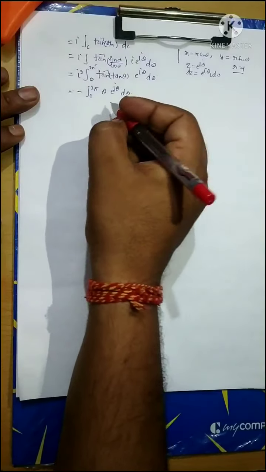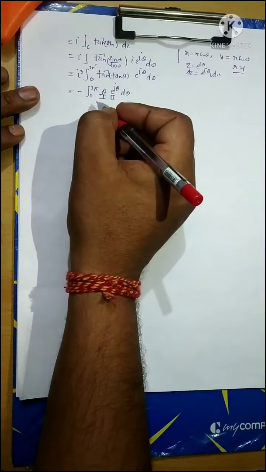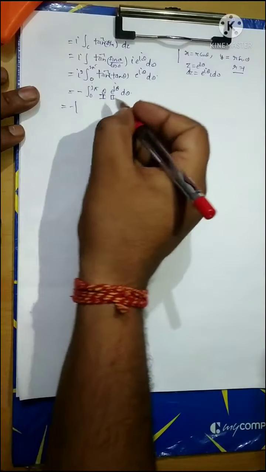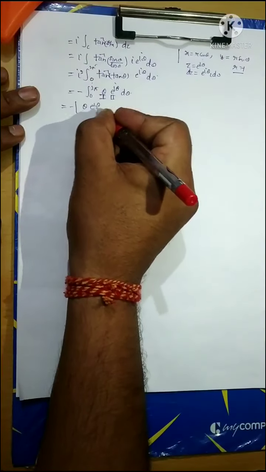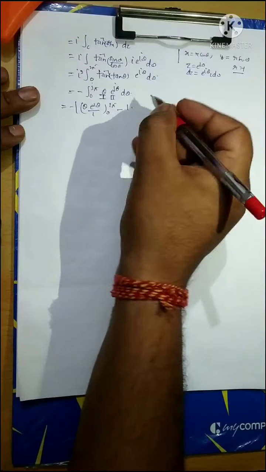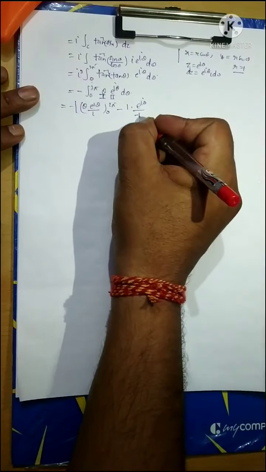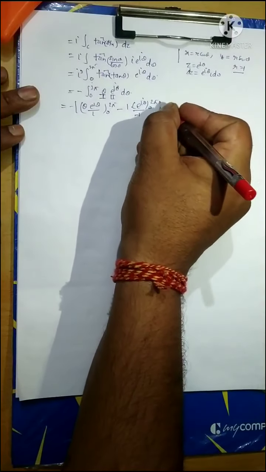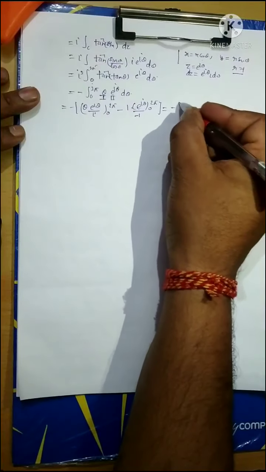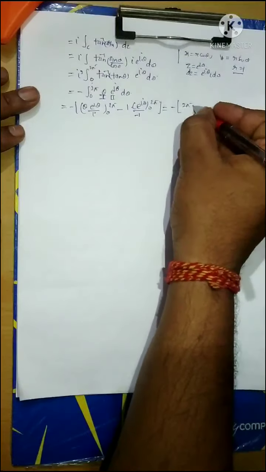Now integrate by parts. Theta is the first term, e to the power i theta is the second term: first term as it is into integration of second term, minus differentiation of first into integration of second two times, that is minus 1, limit 0 to 2 pi. This equals minus 2 pi e to the power 2 pi i.